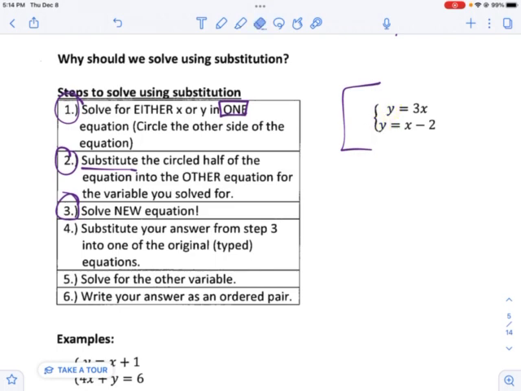Now, step 2, substitute the circled half of the equation into the other equation. All right, so let's take a look at 3x. Y is equal to 3x. So another way I can describe y is I can say 3x. They're equal. We know that the equals symbol means that the left side is equal to the right side.